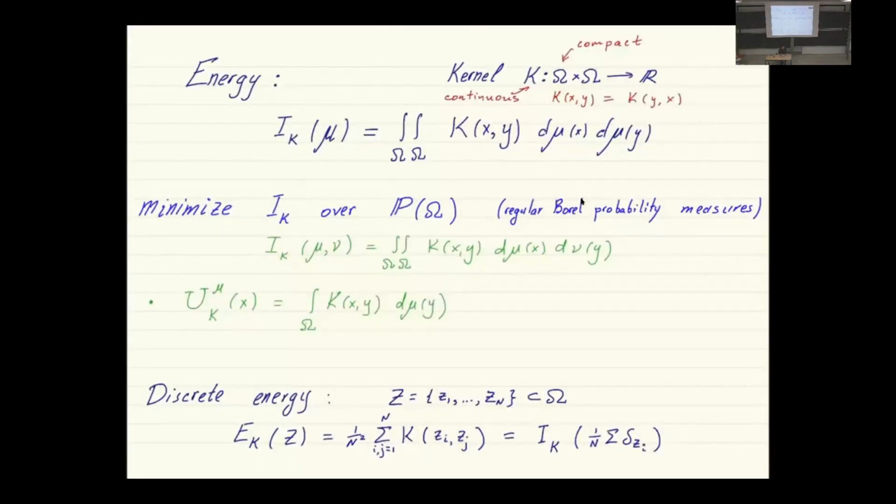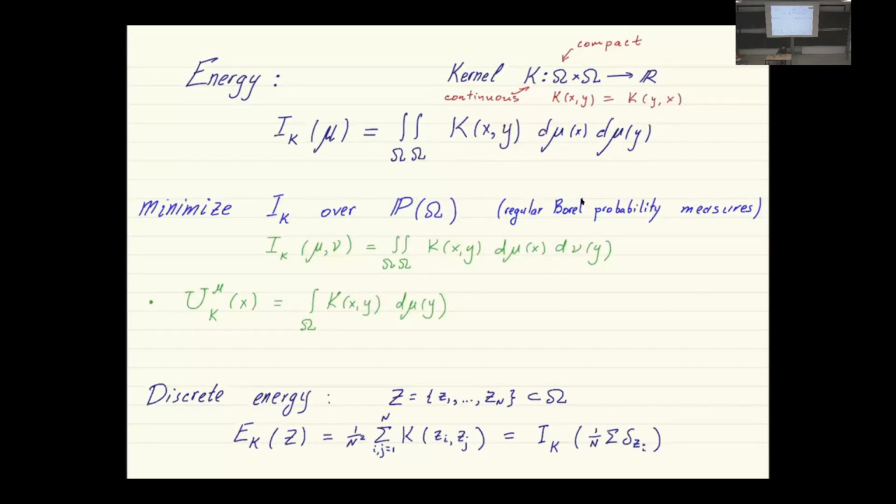So our notation is the following. We'll deal mostly with continuous and symmetric kernels on some compact domain omega, and we will consider continuous energy functionals or energy integrals, which look like this, where mu is some Borel probability measure on omega.